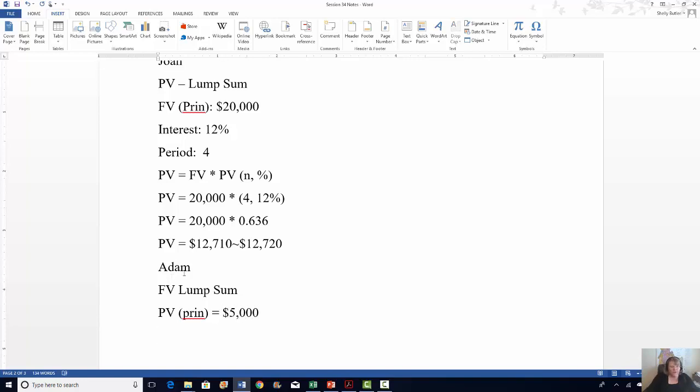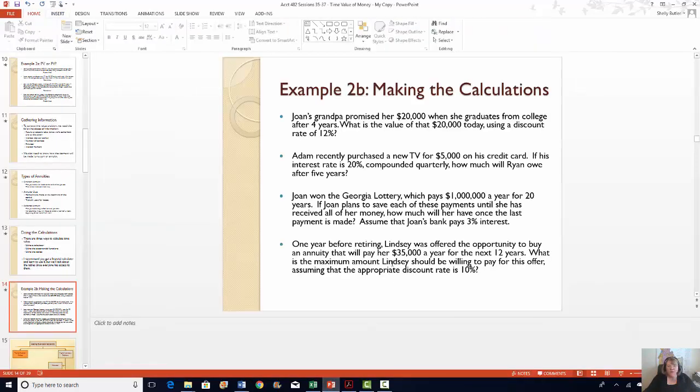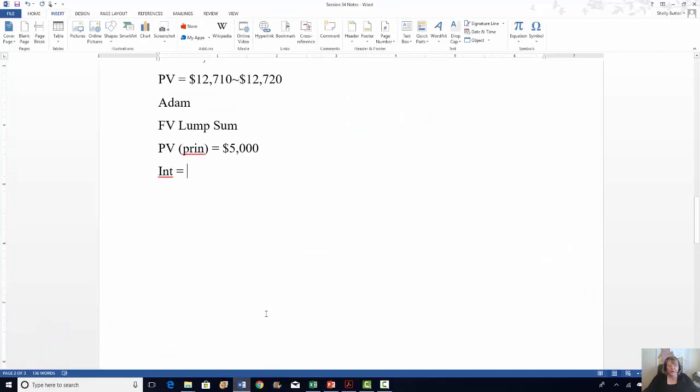And our interest rate, I'm going to move that up so we can see it. Since this is compounded quarterly, we have to do some work here. Our interest rate is 20%, but we have to divide that by 4 because it's quarterly. So it is 5% quarterly.